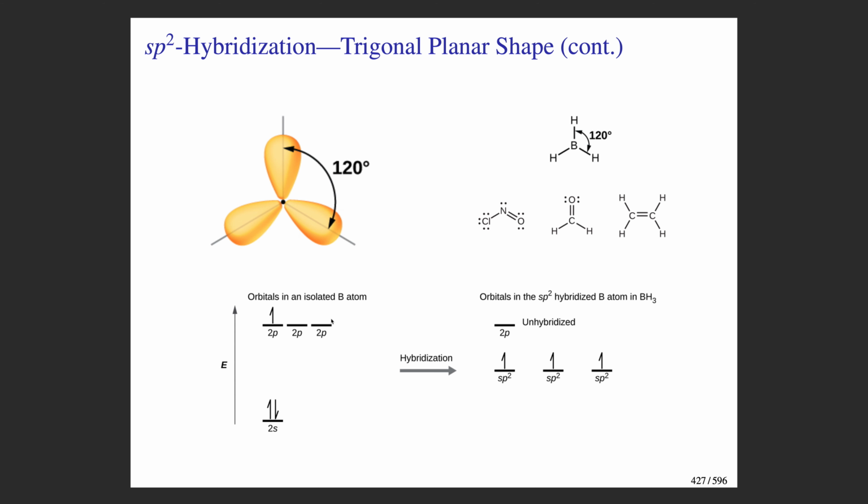The remaining p orbital is unhybridized and is unchanged, and it remains unoccupied. The 3 valence electrons now will occupy the 3 equivalent sp² hybrids, and they will remain maximally unpaired. So here we've drawn them all spin up. Now each of these electrons is occupying an orbital that points to the corner of an equilateral triangle.